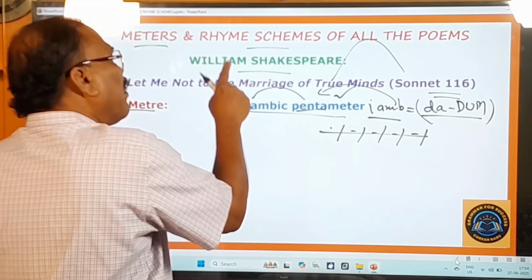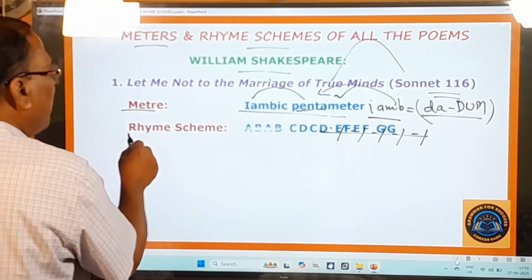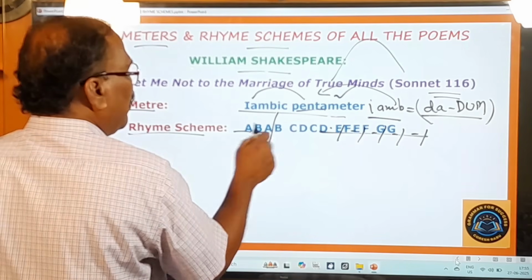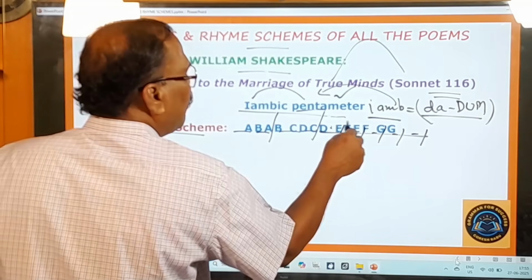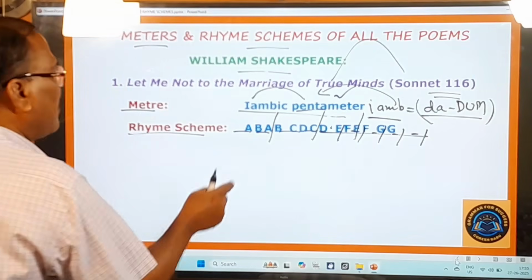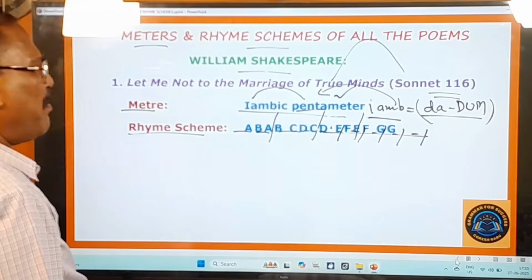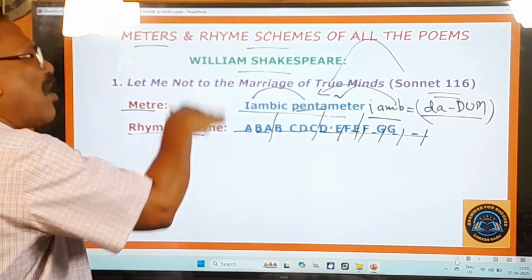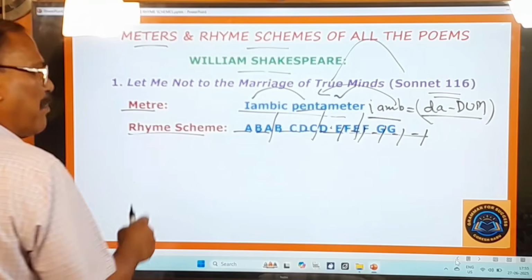In this poem, William Shakespeare follows iambic pentameter, and the rhyme scheme is AB, AB in the first quatrain, CD, CD in the second quatrain, EF, EF in the third quatrain, and GG in the last 2 lines. That means in this poem you find 3 quatrains and 1 couplet because that is the Shakespearean sonnet. In the Shakespearean sonnet, this will be the only rhyme scheme or rhyming pattern.